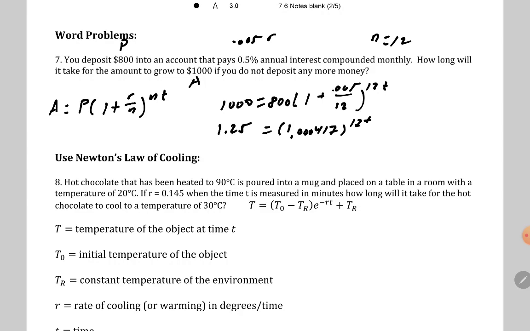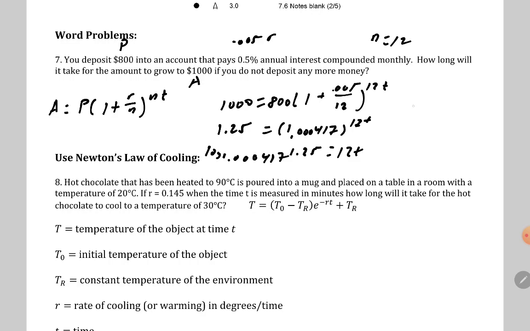Okay, and this is where it gets a little silly. So we're going to take the log of both sides to get 12t down there. And I'm going to use log base 1.000417 of 1.25 equals log base of this will cancel out, and we're left with 12t.